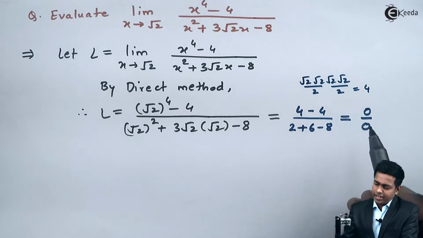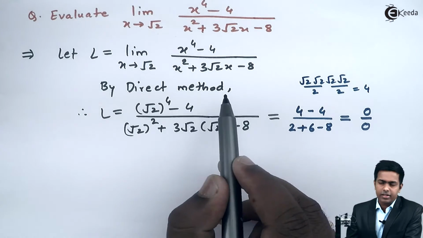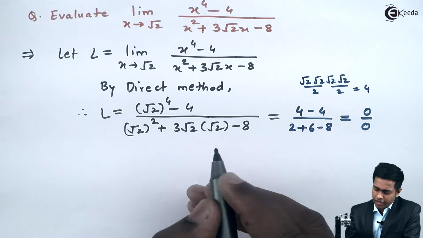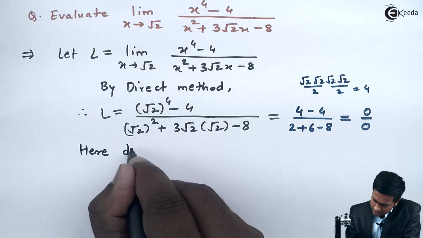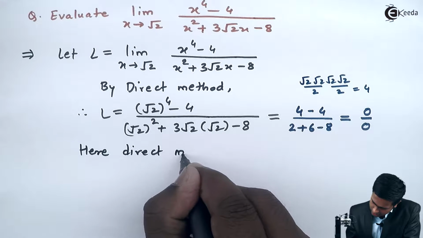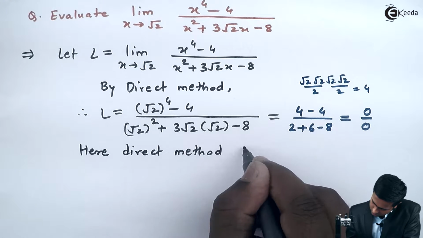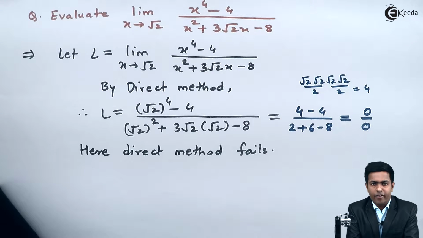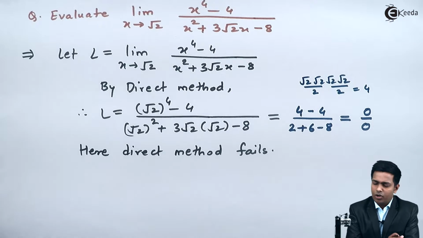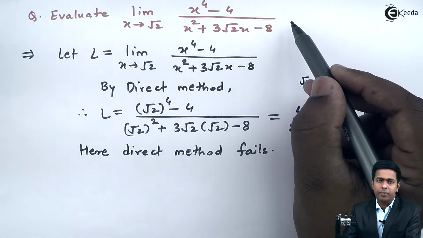So whenever we get 0 upon 0 by direct method, we say direct method fails. So I'll say here direct method fails. And whenever direct method fails, that time we have to look for some other method to find out the value of the given limit.